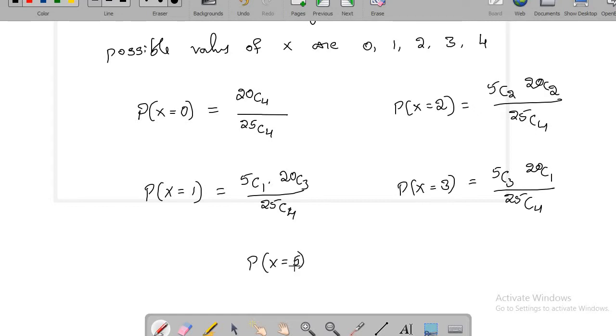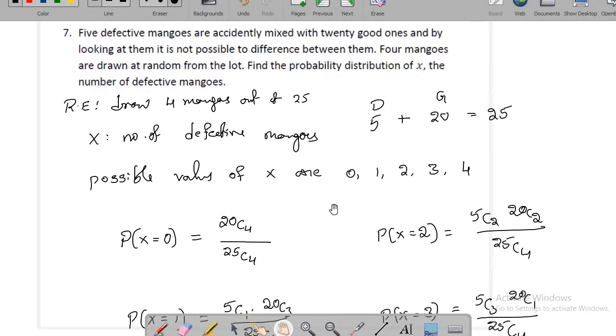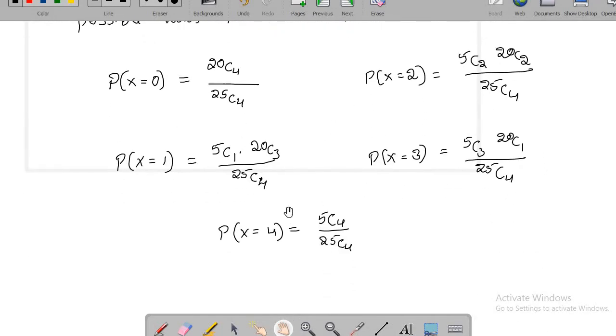So probability that x equal to 4. That is 5 choose 4 by 25 choose 4. So we want all 4 to be defective mangoes. But that's not a good selection, right? Nobody wants probability that x equal to 4 here.